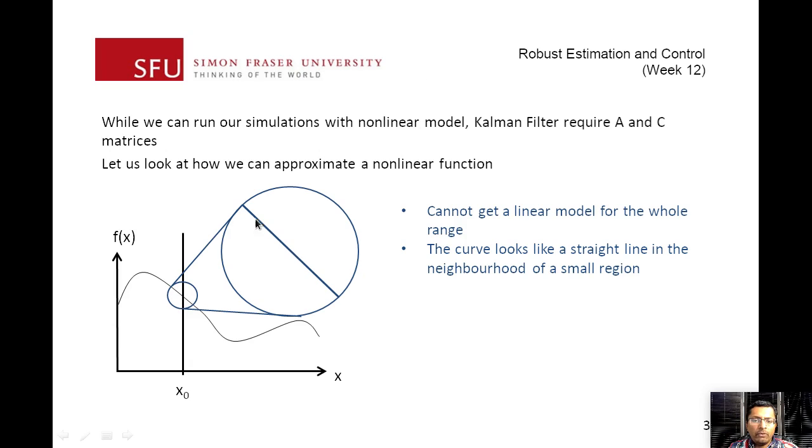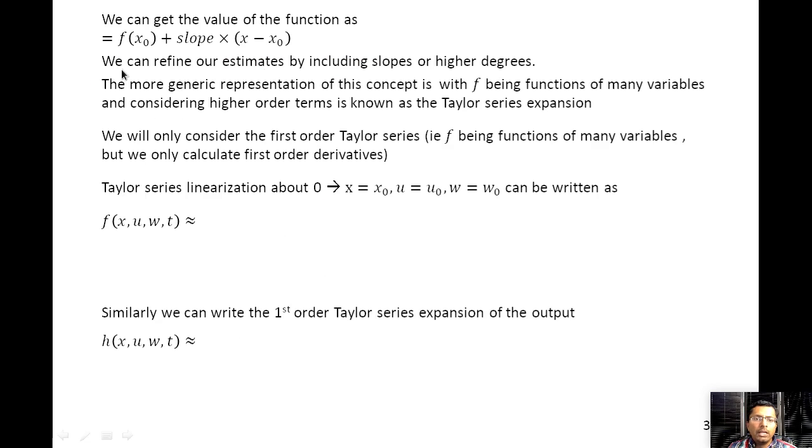For instance, if I wanted to figure out the value of f here, I know the value of f at the middle. If I know how far I'm going, I can use a linear approximation, and since I know the slope, I can calculate what this value is going to be. So this is what we would do.